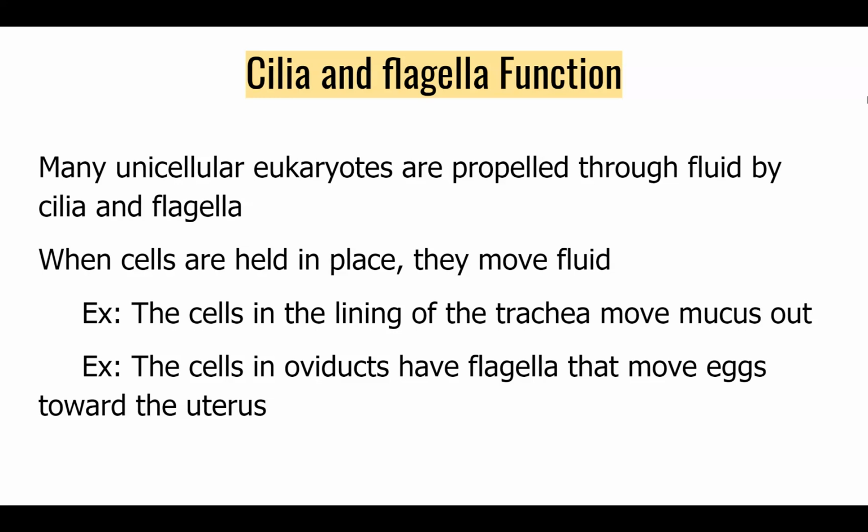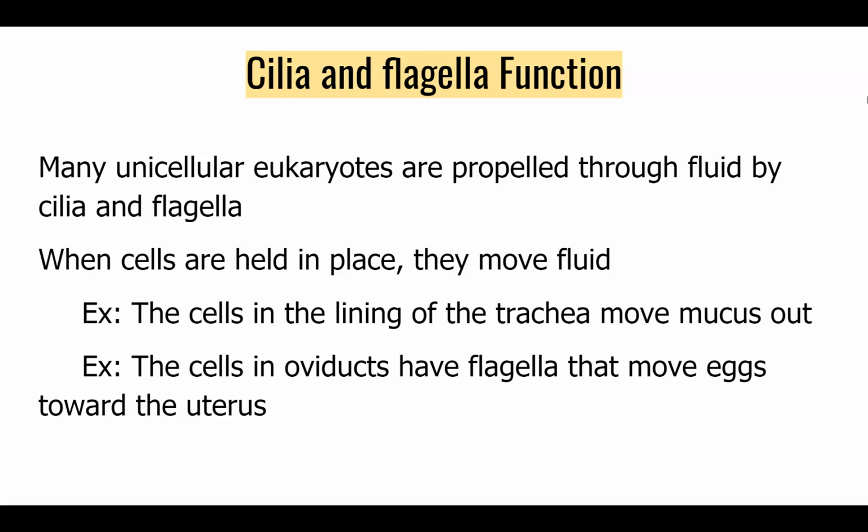For example, there are cells in the lining of our tracheas that have cilia, and they move in a certain direction to help us get mucus out of where it's not supposed to be in our trachea, right? We don't want it to get all clogged up because then we can't breathe. So the cells that line the trachea have these, I think it's cilia, that will move in a certain way to help get the mucus out of our tracheas.